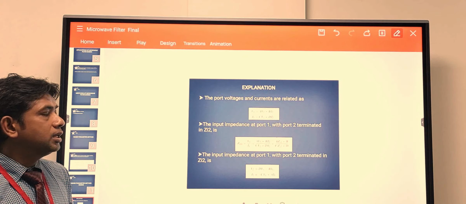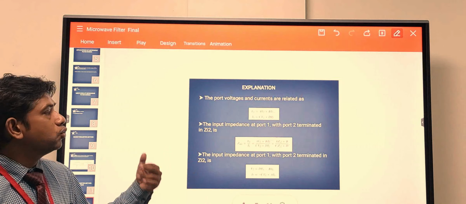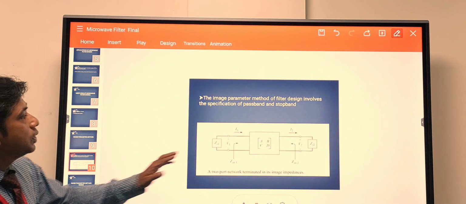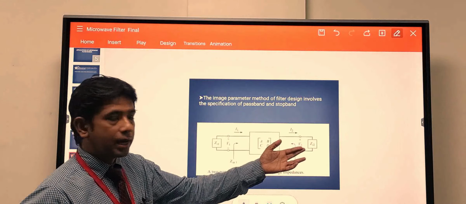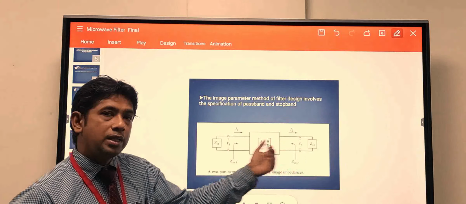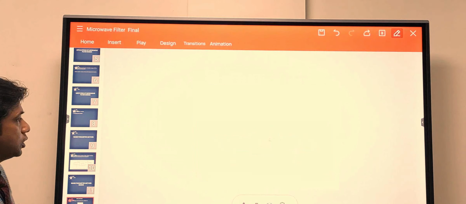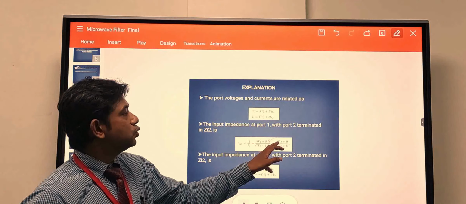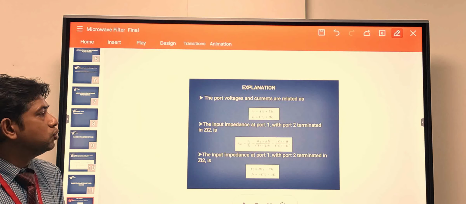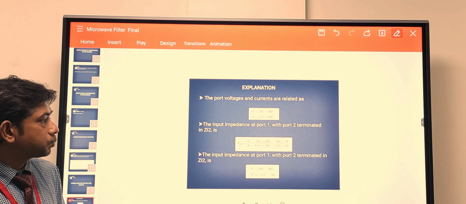Using the other portion of the diagram, with V2 equal to ZI2 times I2, it becomes A into ZI2 plus B whole divided by C into ZI2 plus D.